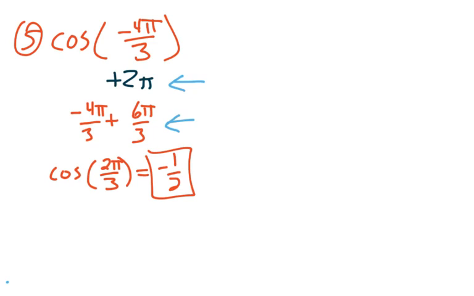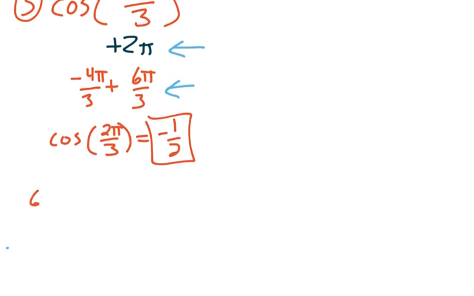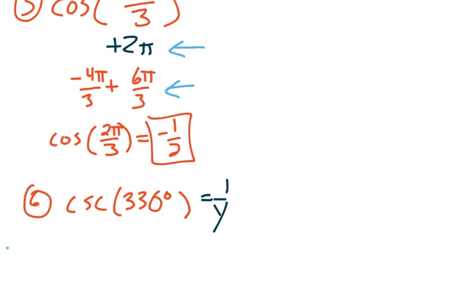Let's see. Let's do 6. Cosecant of 330 degrees. So cosecant, we wrote on there that it is 1 over y, which is true. You can do it this way. But remember, we also said that this is the reciprocal of sine or the y value.